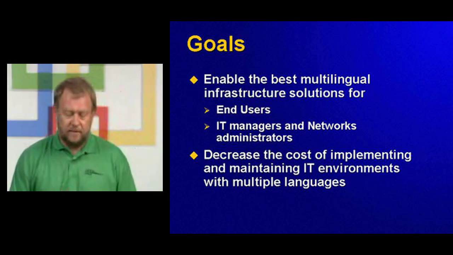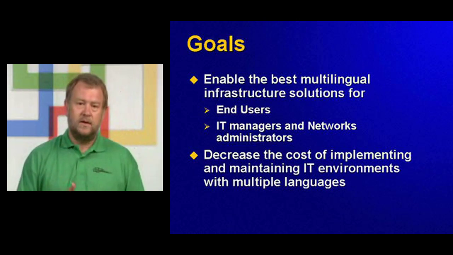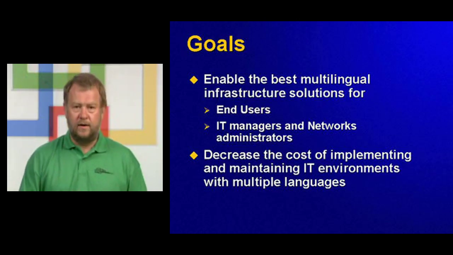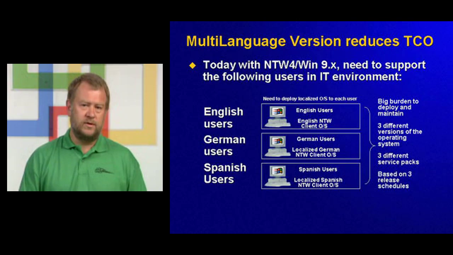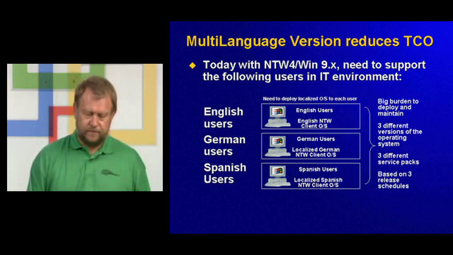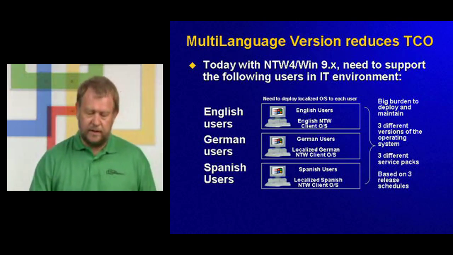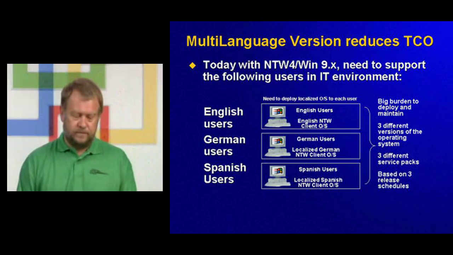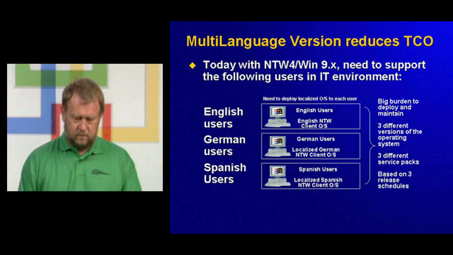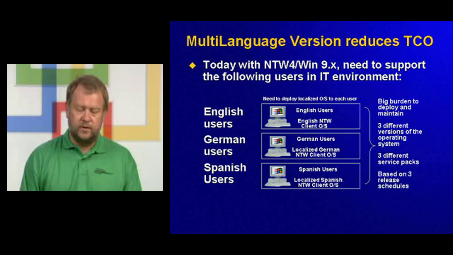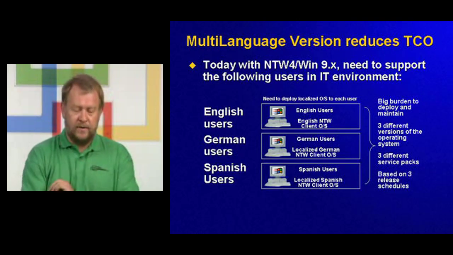It makes it easy to do that administration and reduces the total cost of ownership of Windows 2000 in a multi-language environment. So this gives you an idea of how that works.